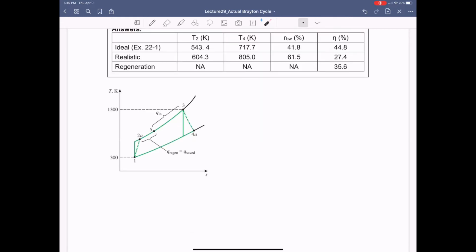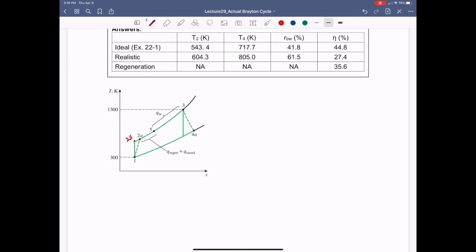By looking at the TS diagram, we should have a vertical line from 1 to 2 for the ideal Brayton cycle or ideal compressor. But because the compressor has an isentropic efficiency of 80%, your exit point should be different from this vertical line, but it should go more on to 2A in the increasing direction of the entropy. In this case, let me just mark that as 2S.